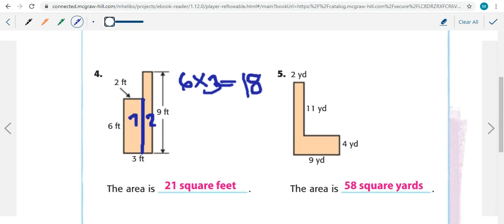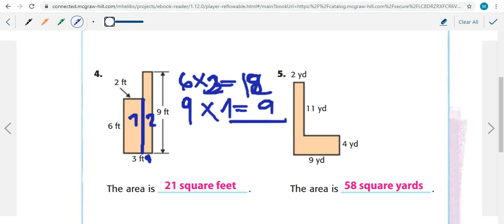Now, we know that this whole length is 9 times, how are we going to find what is the width? The width is 1 because it says that here is, no, 6 times 2 is 12 and 9 times 1 is 9.